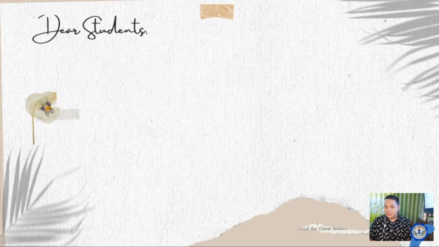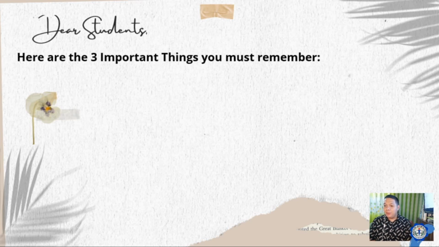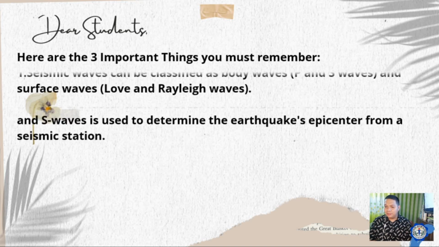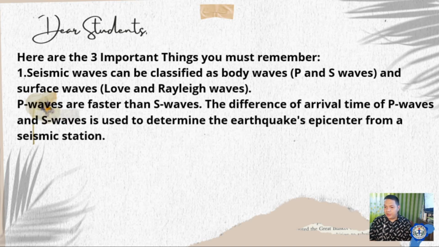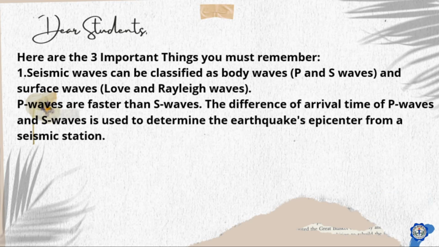Dear students, here are the 3 important things you must remember. First, seismic waves can be classified as body waves, which include P and S waves, and surface waves, which include Love and Rayleigh waves. P waves are faster than S waves. The difference of arrival time of P waves and S waves is used to determine the earthquake's epicenter from a seismic station.